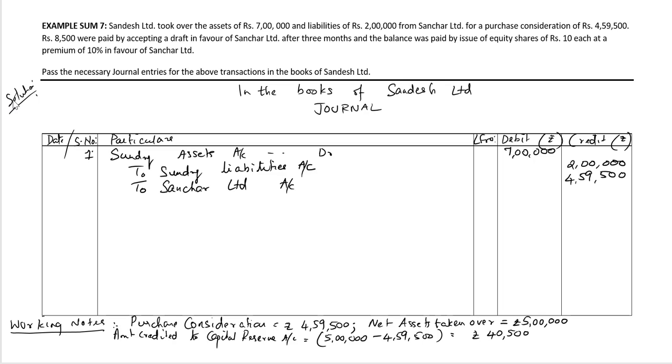And to capital reserve account, 40,500 rupees as per our working note. Narration: for assets and liabilities of Sanchar Limited taken over.